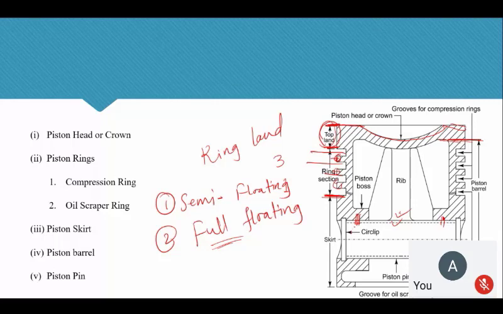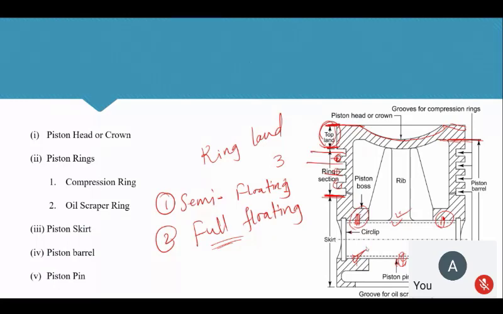That means this motion will be restricted. Whereas in the second type, you will have the motion between the piston and connecting rod restricted with the help of a grub screw, and the movement will take place between the boss and the gudgeon pin. This is called semi-floating type. Is it okay?